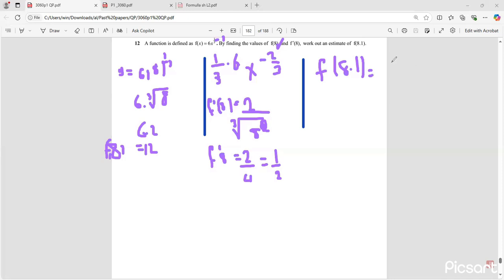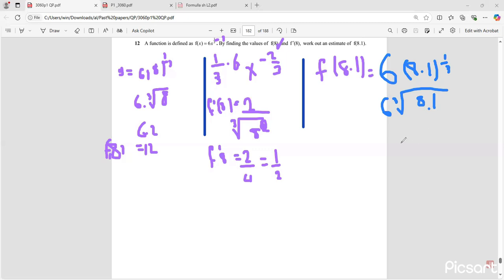So it will be 6 multiplied by 8.1 to the power of a third, or the cubic root of 8.1. Not dividing by, multiply, so there is no negative sign here.